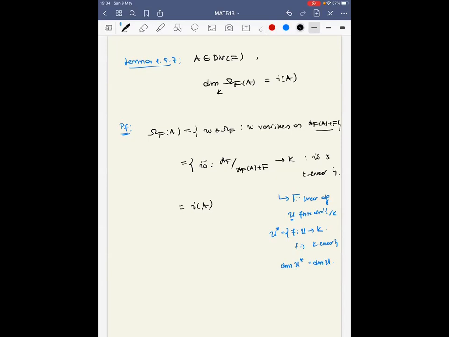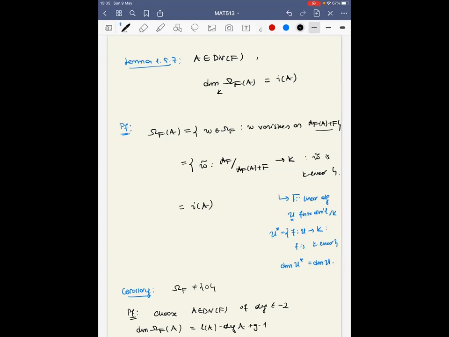And as a corollary of this lemma, as a simple consequence, we can see that the space of Weil differentials is a non-trivial space, because if we choose a divisor A of degree less than or equal to -2, the dimension of the Weil differentials of this specific divisor A is going to be the index of specialty, and by its definition, it's going to be the dimension of its Riemann-Roch space minus degree A plus g minus 1.